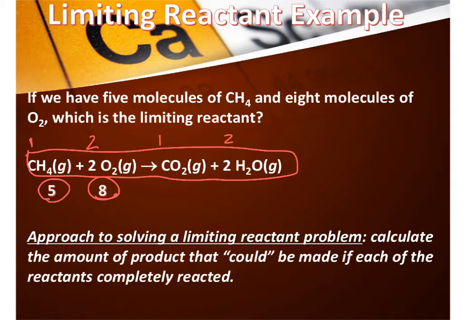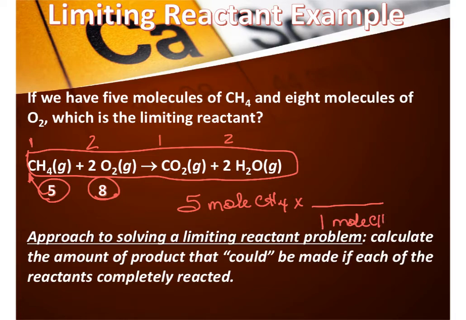So this is simple math. Hopefully you can do this with mental math. So if I have 5 methane, so if I put a 5 in front of that, how many oxygens do I need? Well, remember to look at the mole ratio, right? So if I start with 5 moles or 5 molecules of CH4, how many moles of oxygen do I need? The mole ratio will tell you that, right? So look at the balanced reaction.